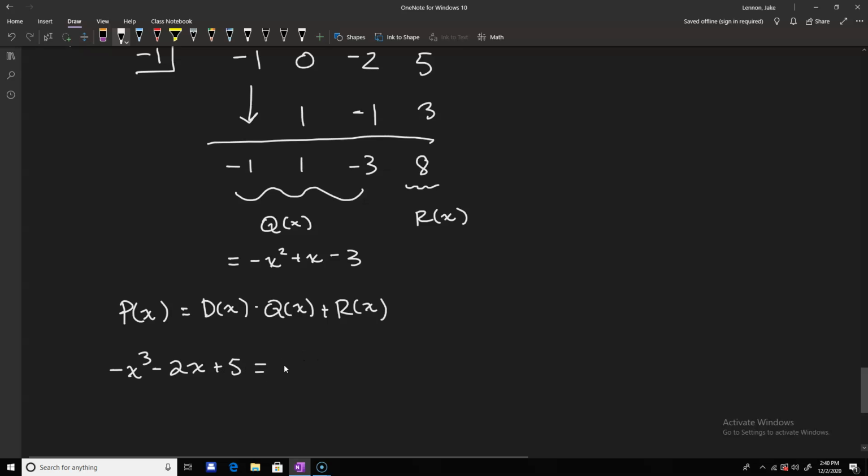Our divisor was x plus 1. The q of x that we got was -x squared plus x minus 3. And then our r of x was just 8. So that is the result there in terms of how they wanted us to write it. And that's it for the synthetic division problem.